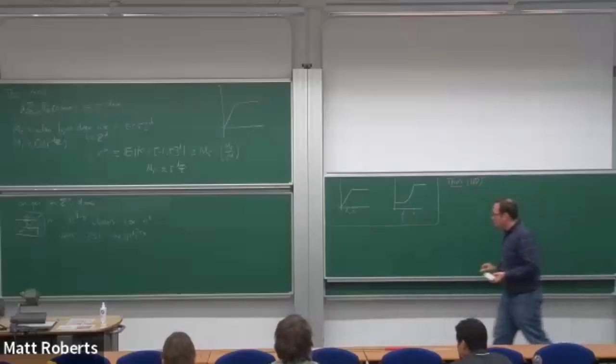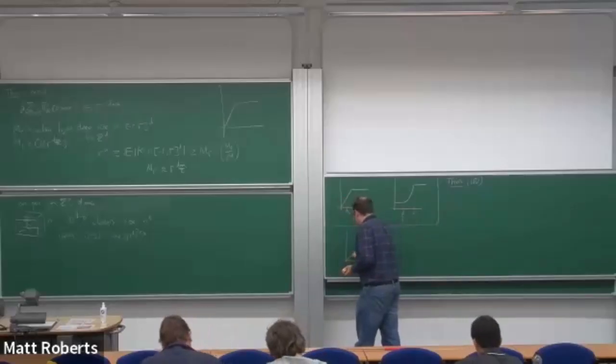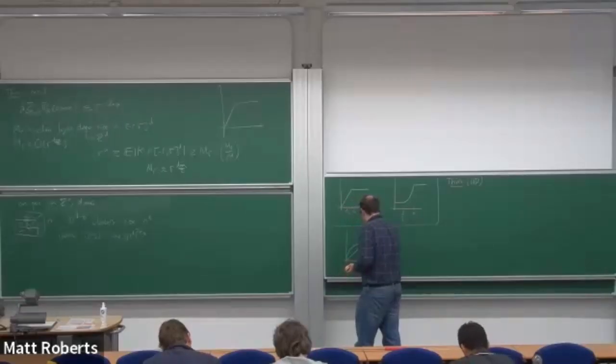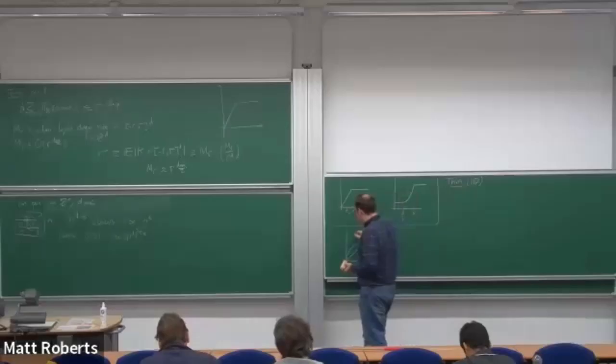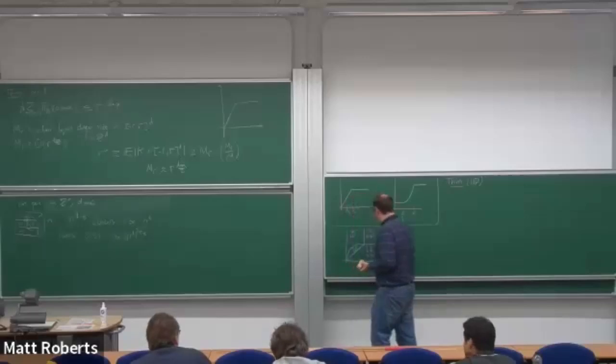As a reminder, as we vary d and alpha, we expect to see all these different regimes, right? Long range, high dimensional, short range, high dimensional, short range, low dimensional, long range, low dimensional.